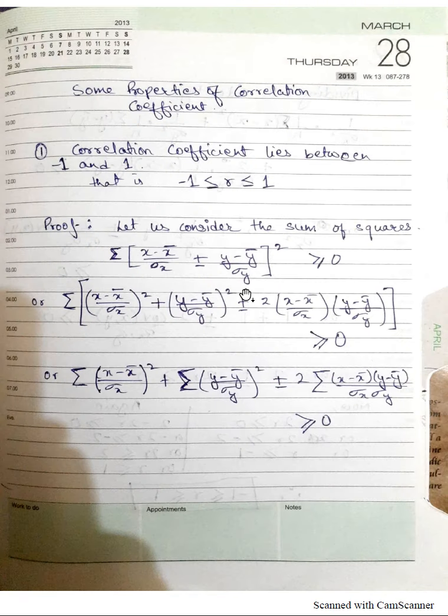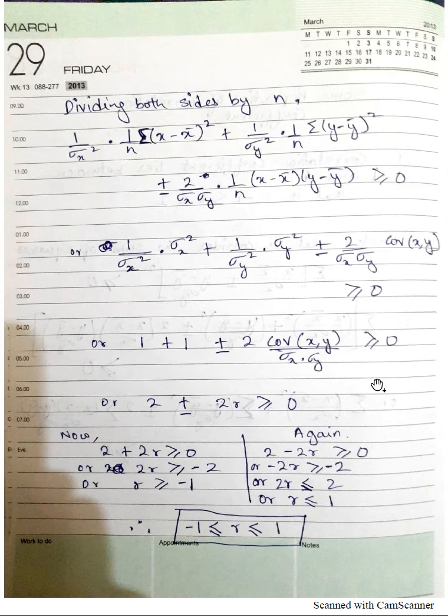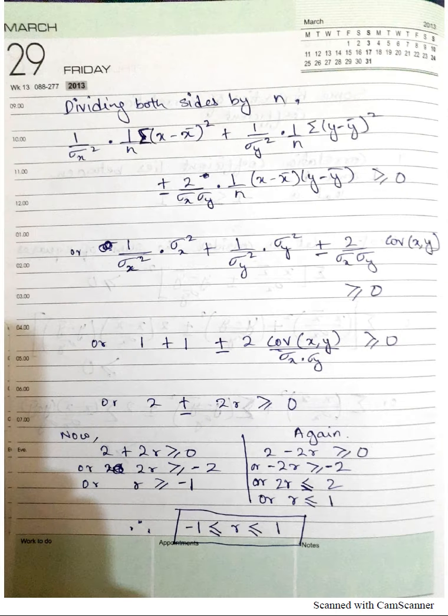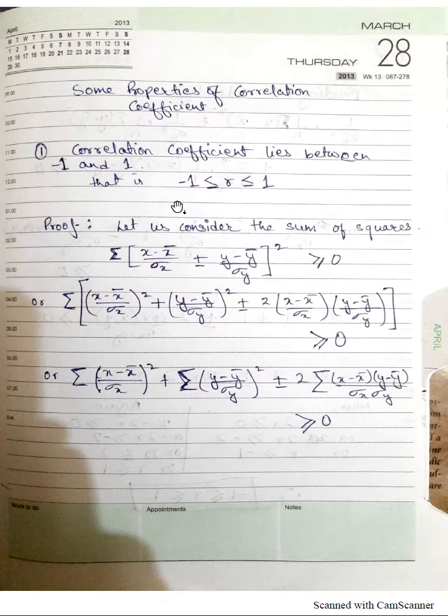Now the next step, what we do, we divide the entire thing by n. So dividing both sides by n, since sigma x and sigma y are also constant, because standard deviation is a definite value, we can take it out from the summation sign.